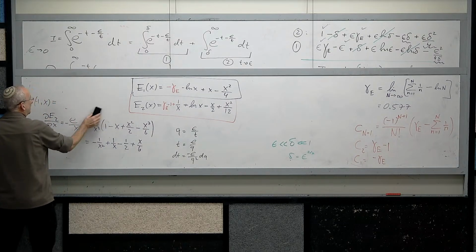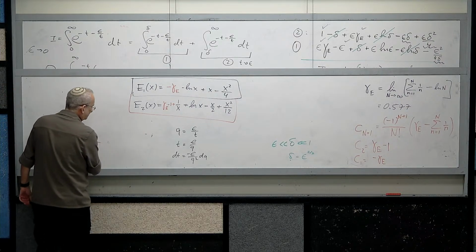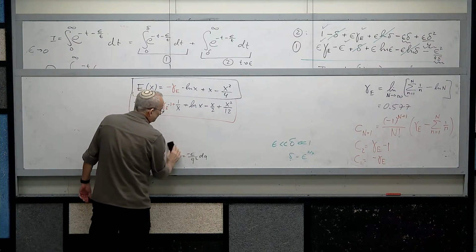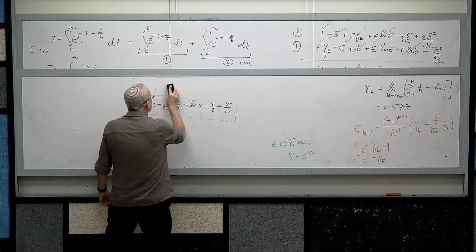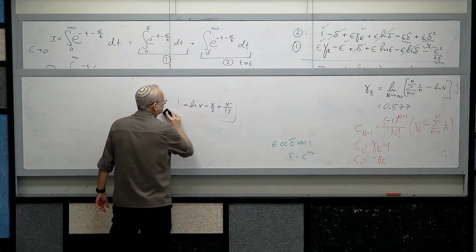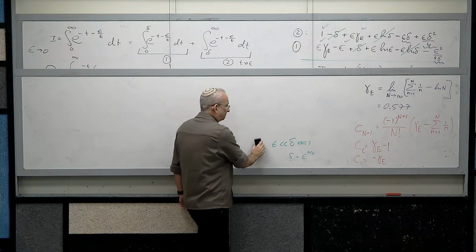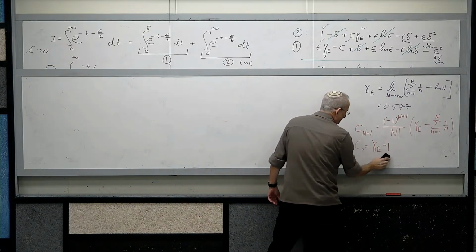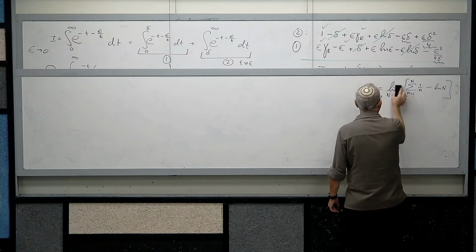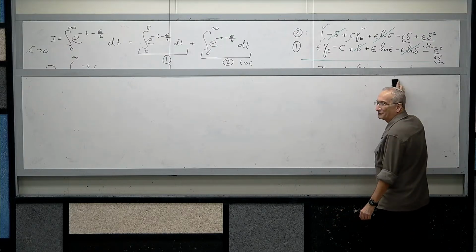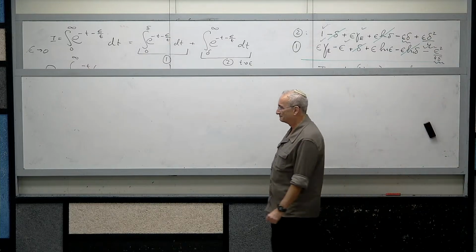I don't know exactly what type of physical problems lead to these expressions, but gamma Euler appears. Sometimes people even use it as an indication that they are doing the right thing. If you get gamma Euler, it implies that you're doing something good.